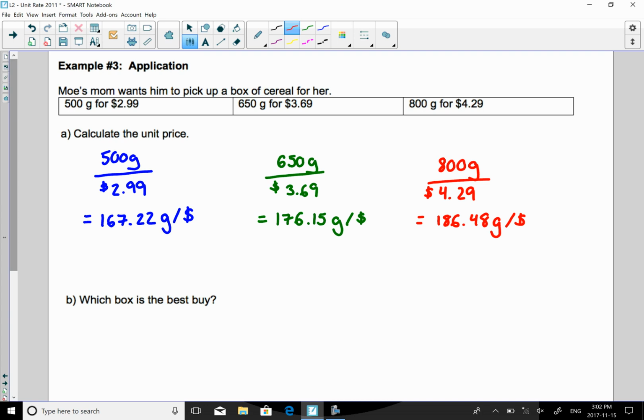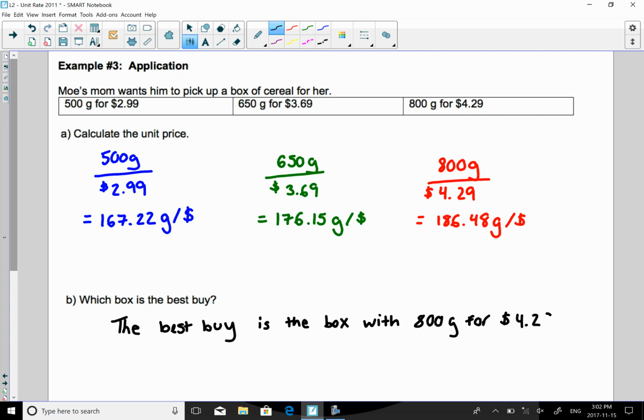So the best buy is the box with 800 grams for $4.29. You're getting the most per dollar.